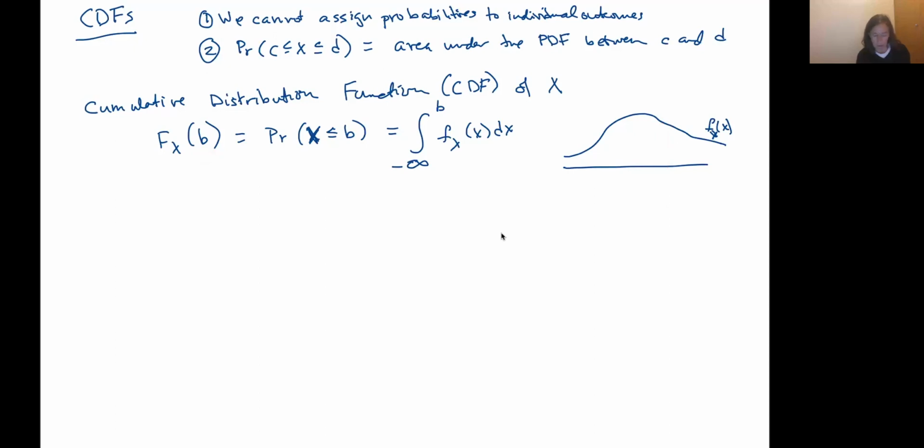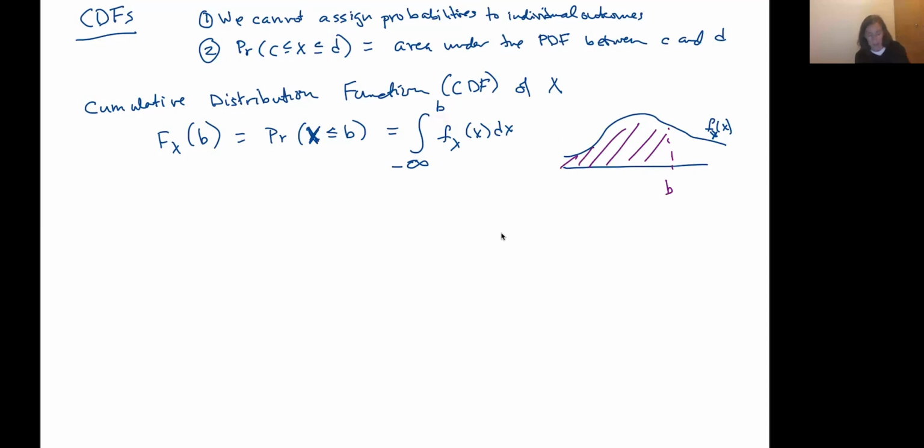So let's put that in here with a different color. Okay, so that is the area here. And what I've shaded here in purple is the probability that x is less than b. It is the integral from negative infinity, so as far small as x can possibly go, up to b.